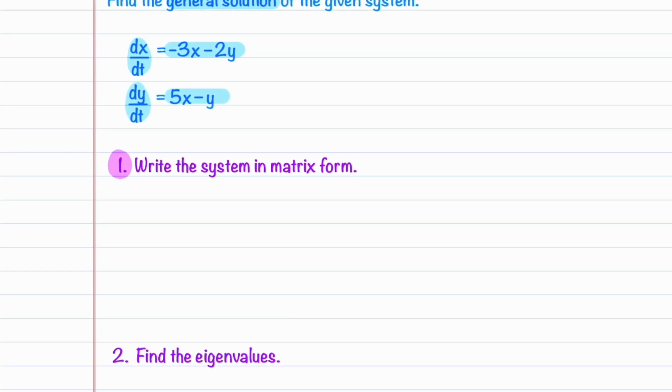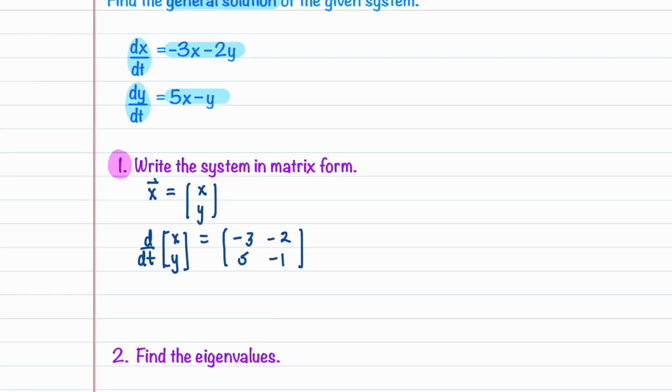The first thing that we're going to do is write the system in matrix form. I'm going to start by letting vector x be a vector with components x and y. This gives us the derivative with respect to time of our vector x that has components x, y, and this is going to be equal to [-3 -2; 5 -1].